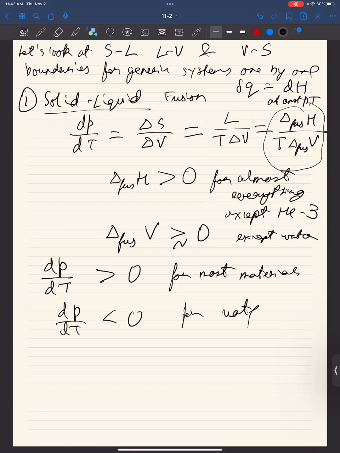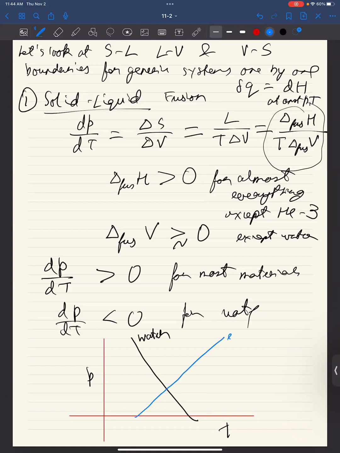So if we look at pressure versus temperature, water is going to look something like this. It will be negative, while almost everything else, except helium-3, which is why I say almost everything, is going to look positive, rightward facing.